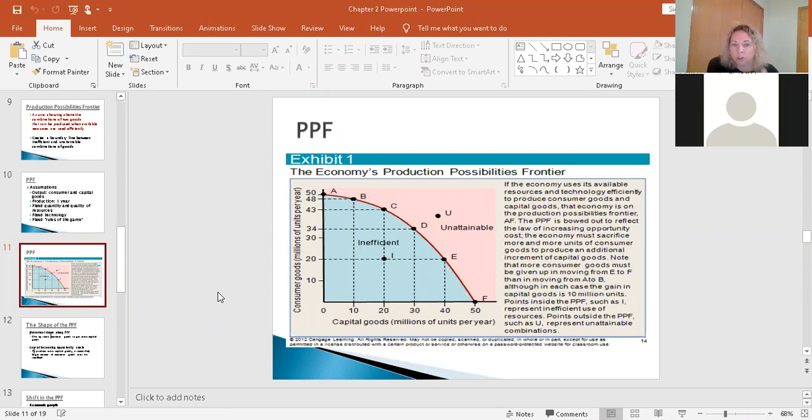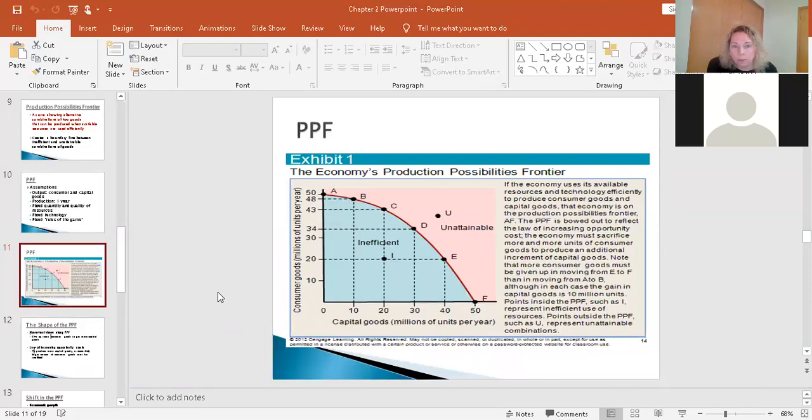So as we force ourselves from one extreme to the next on this PPF, it becomes more and more difficult for most economies to go from one extreme to the other, because our resource supplies naturally are better suited towards one or the other.